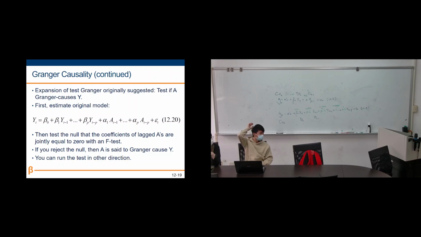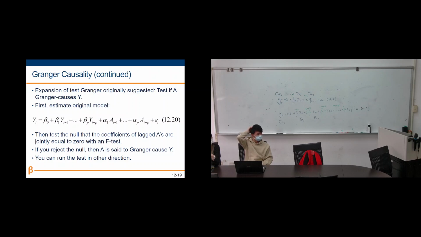Then I'll do another equation, or another model. Replace the a here, and put the a lag here, and put the y lag here. You see, this is bilateral. Okay, then there are 4 situations, and I can definitely identify which one Granger causes another one.